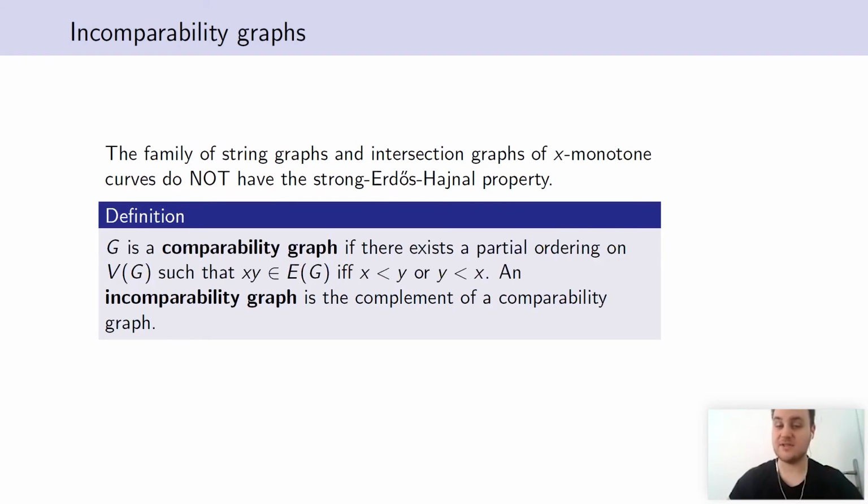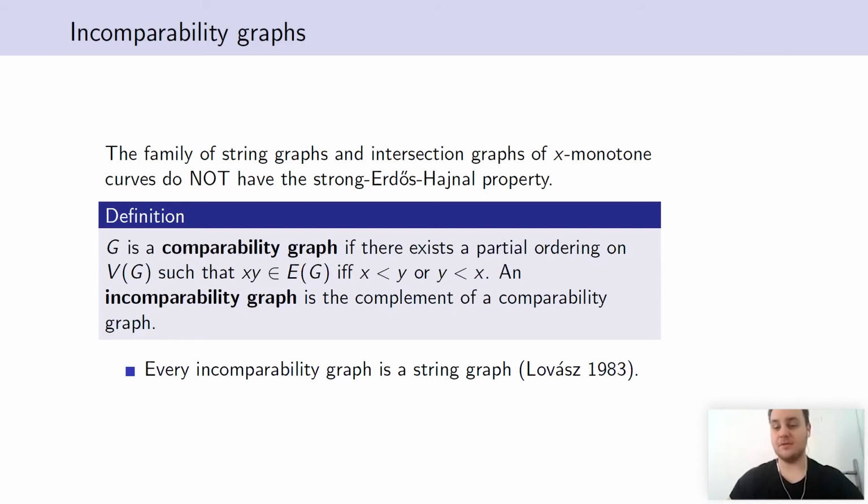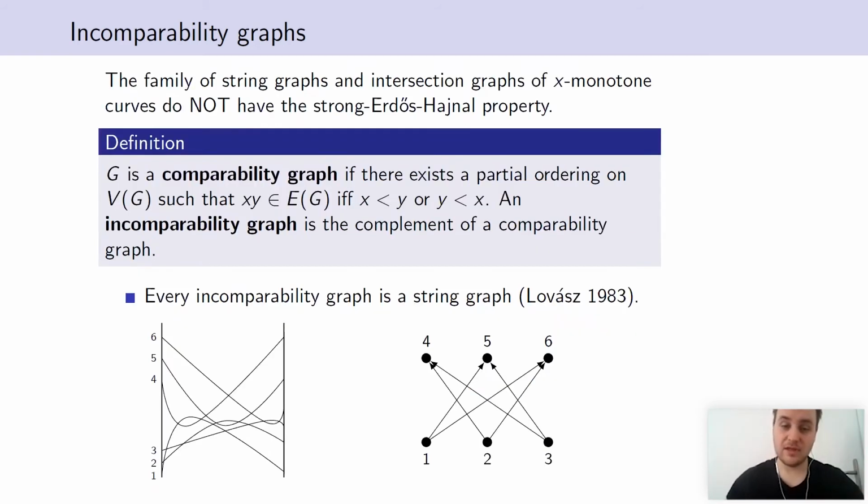And so how are they related? It's an old result of Lovász, who proved a number of years ago that every incomparability graph can be realized as a string graph. So more precisely, one can consider the following special family of curves.